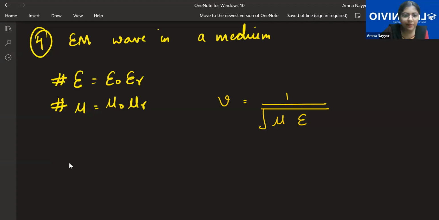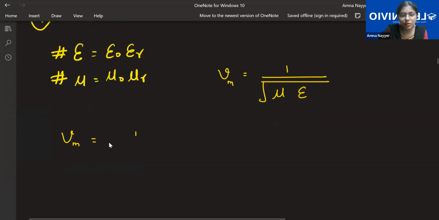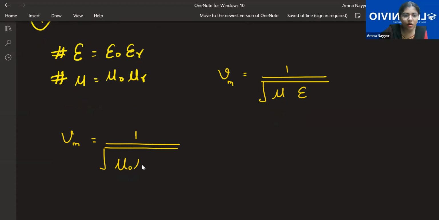So if I replace them, this is the speed in a medium, not air. We are just taking a medium. So this will be 1 divided by under root of mu, which can be written as mu naught mu r, and epsilon, which can be written as epsilon naught epsilon r.